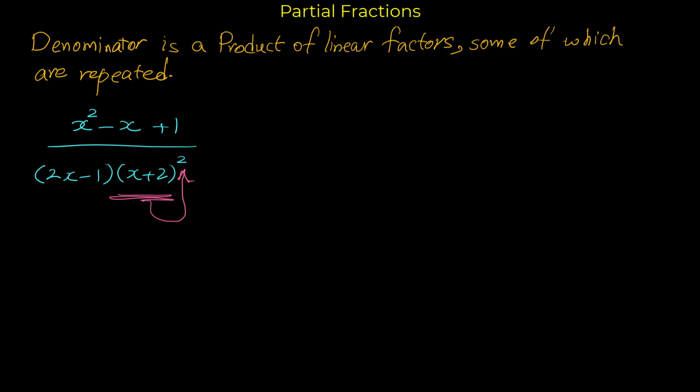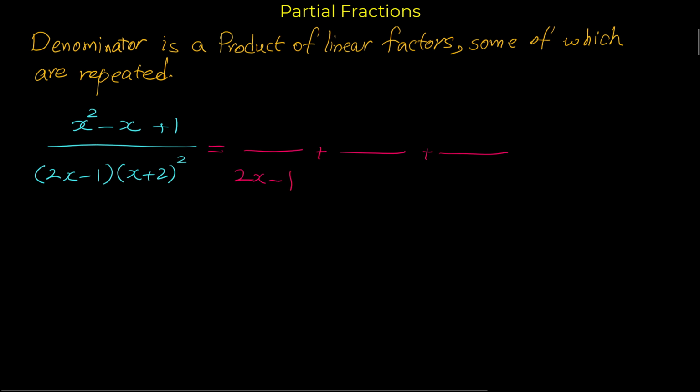How can we write the partial fraction decomposition for such rational functions? We start with 2x minus 1. Similar to normal rational functions, we put the linear factor in the denominator and we put the unknown A in the top.